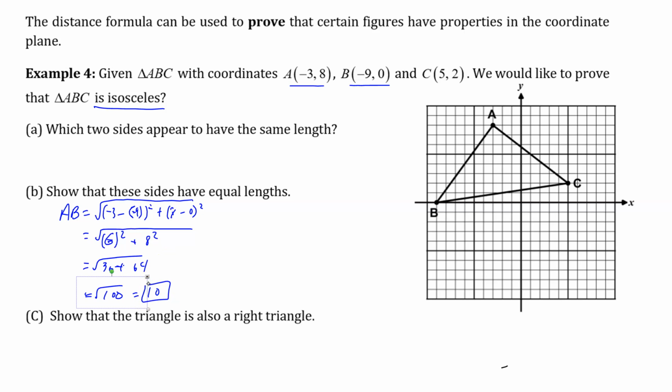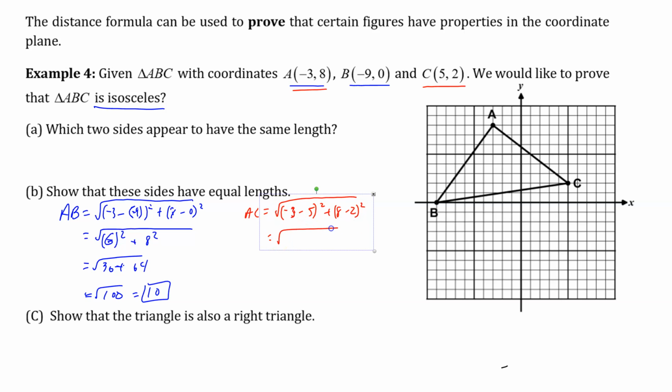All right, so now let's do the same thing for AC. Hopefully we get the same answer. So AC is going to be the square root of, so now I'm dealing with A and C. Again, it doesn't matter who you start with. I'll start with A again. So -3 minus 5 squared plus 8 minus 2 squared.